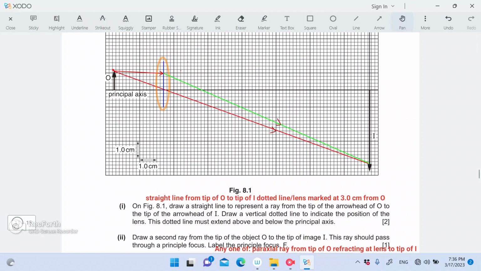So what have you learned? You can see that the image can be projected on the screen, that's why it is a real image. But it is inverted, right?